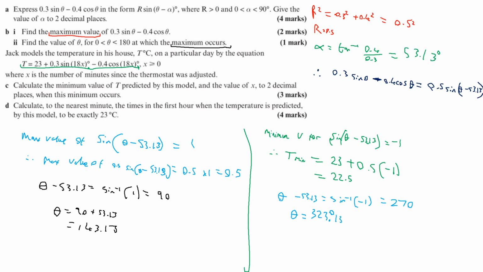Now, remember what theta is, though, in this case. Theta is equal to 18x. So 18x is equal to 323.13. So x is equal to that just divided by 18, which is equal to 17.95 degrees, or however many minutes.